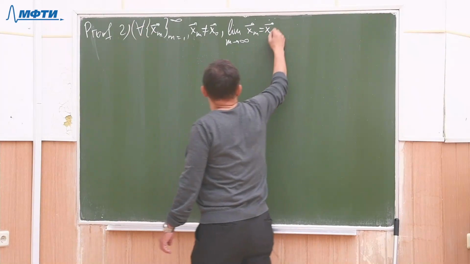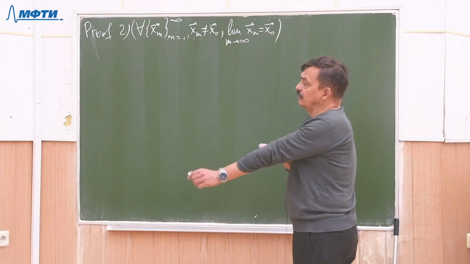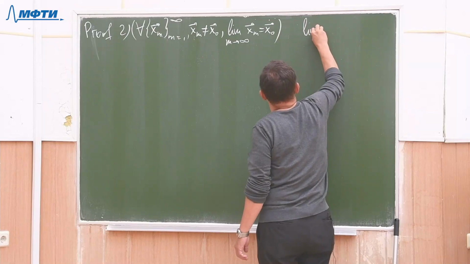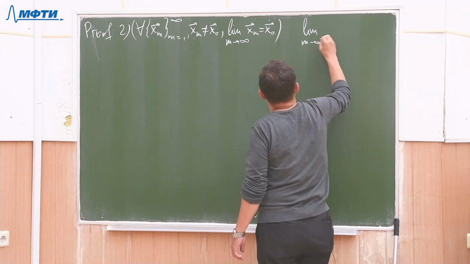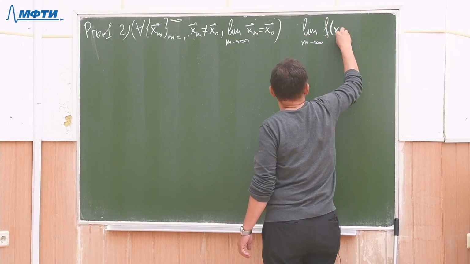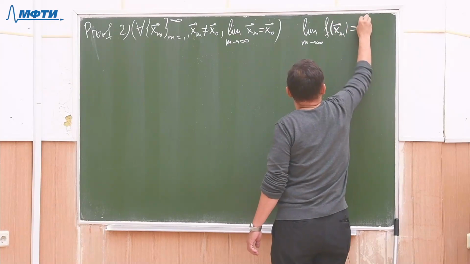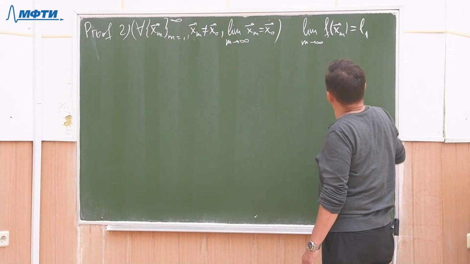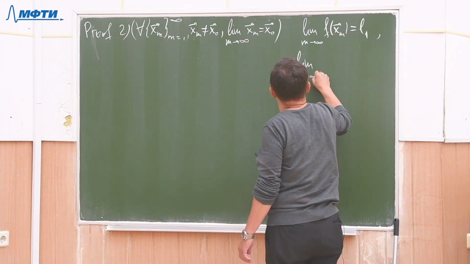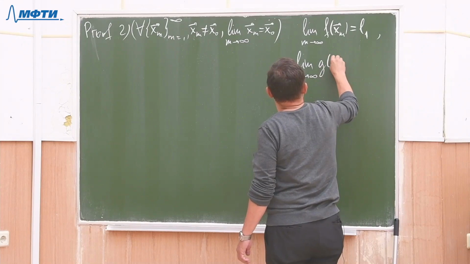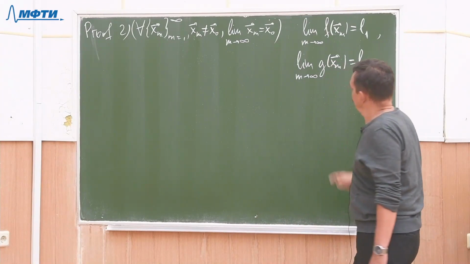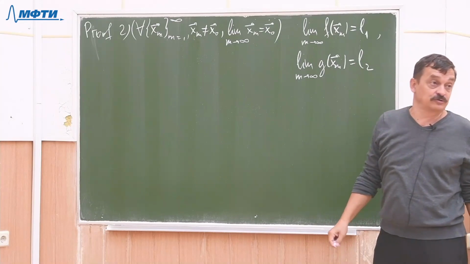And then, as we know, the limit of the sequence of values of f is equal to L1, and also the limit of the sequence of values of g equals L2.